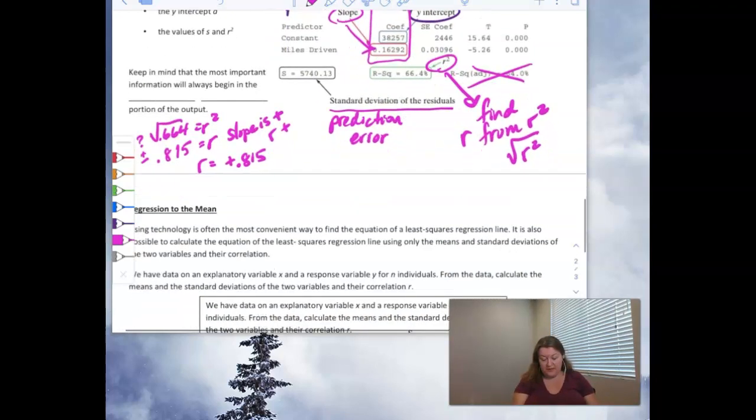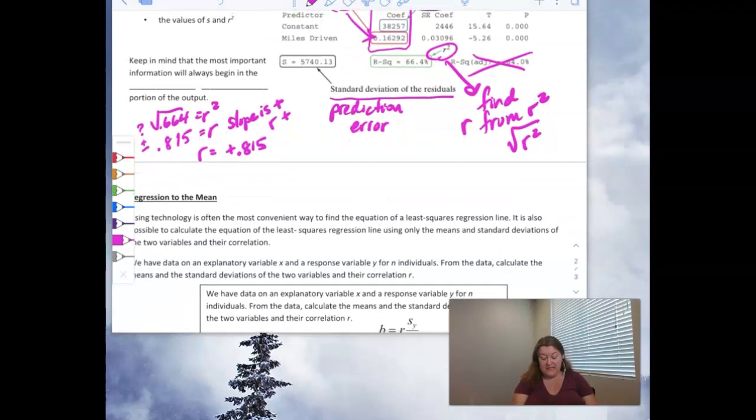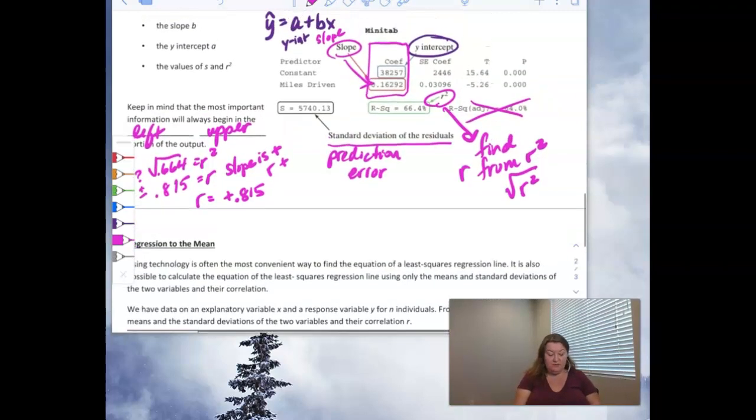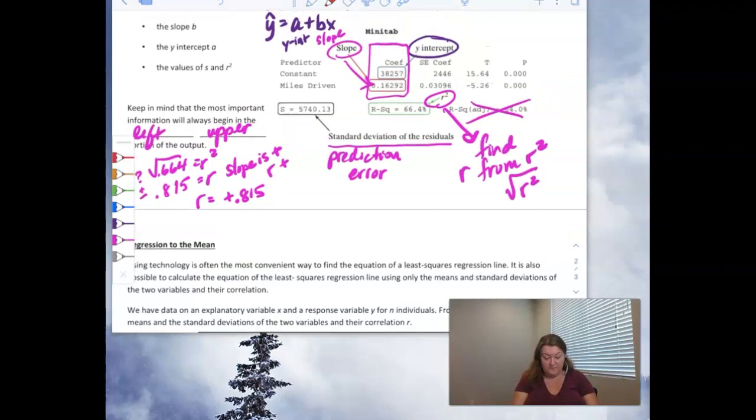Keep in mind the most important information will always begin on a computer output in the upper left portion of the output. Everything that you need is in this section, first column, and then you look and see where they put S, where they put R squared. Ignore any adjusted ones for now, okay?